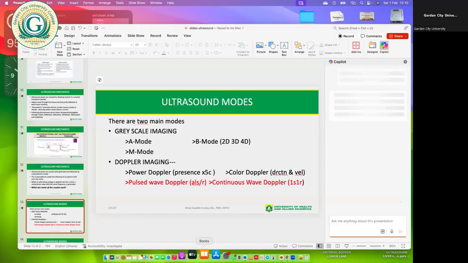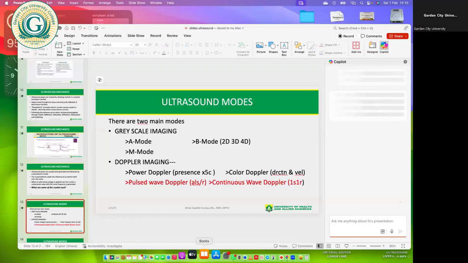So if it is, for instance, twins, you can put your focus on a particular twin, say twin A or twin B, and then measure twin A's cardiac activity. And the function that will allow you to do that is the M mode.